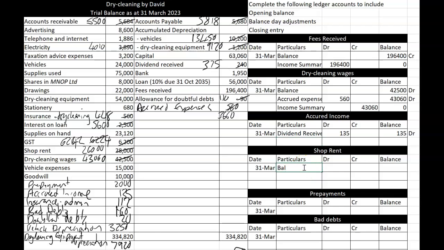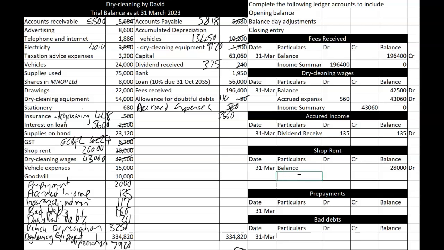Shop rent. It did have a balance to start with. We've done it in the balance column only. Shop rent, you'll see, was 28,000 with a debit, and then there was a prepayment there. Was it income in advance?